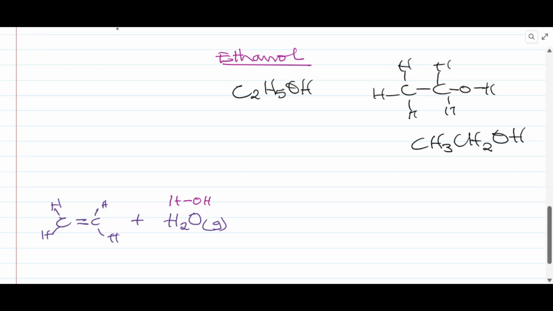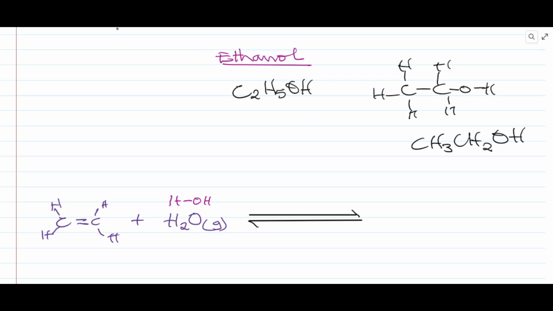So this reaction is a reversible reaction. Remember, a reversible reaction proceeds in both directions, and it is also an addition reaction as I mentioned earlier. This reaction needs some conditions before it can proceed. If you remember, we mentioned it last time.